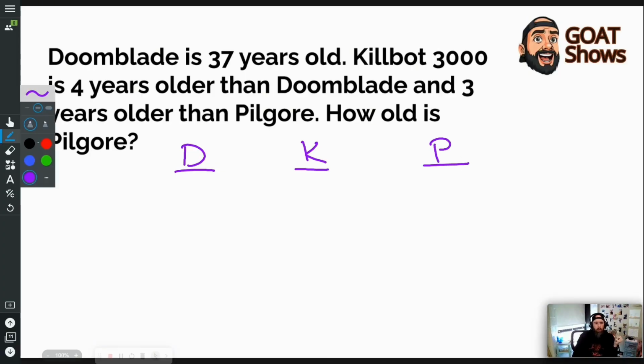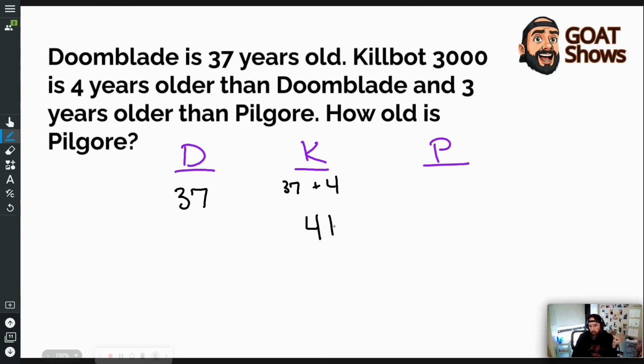What do I know? I know Doomblade is 37. Killbot is 4 years older than Doomblade. So Killbot is 37 plus 4, which is 41. Now, my bad, Killbot is also 3 years older than Pilgor.